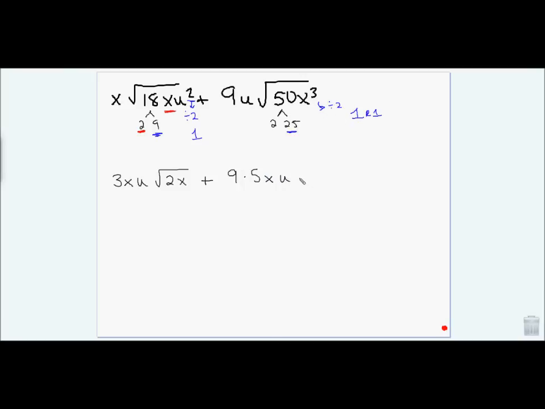There was a u already there. And what's left behind is a 2 and one x. So 2x. So I have 3xu times the square root of 2x plus 45xu times the square root of 2x. I have like terms and like terms. So I have 48xu times the square root of 2x.